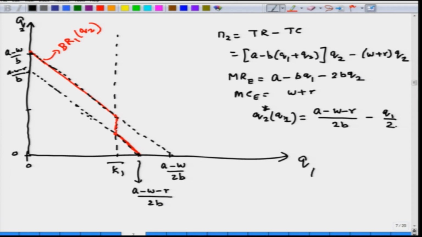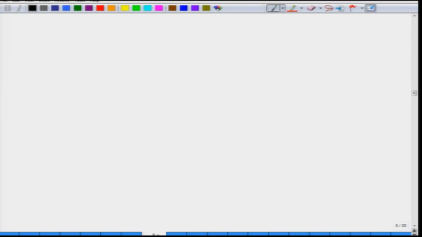So, essentially what we have now characterized is the stage 2 outcome, wherein the two best response functions are characterized. Okay, so where the Cournot equilibrium will be will depend on where K1 bar is, where the kink occurs. So, there are three cases that we need to draw, right.